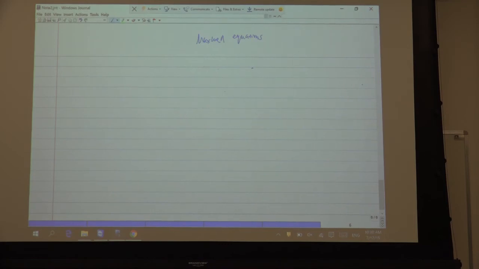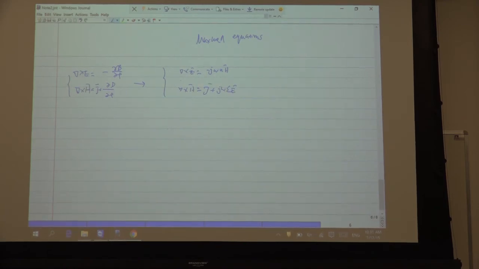A time-varying magnetic field will produce an electric field, and a time-varying electric field will produce a magnetic field. In the frequency domain form, it has current if necessary. It's something like this. This is the Maxwell equation.